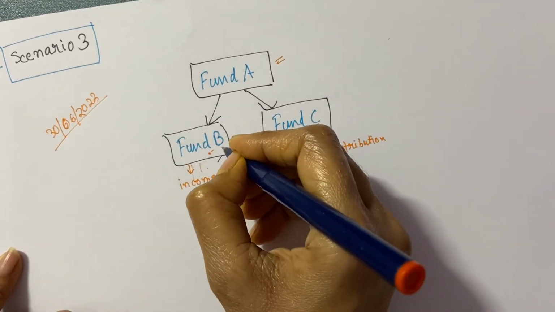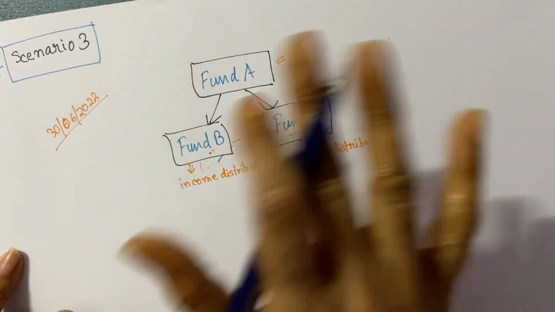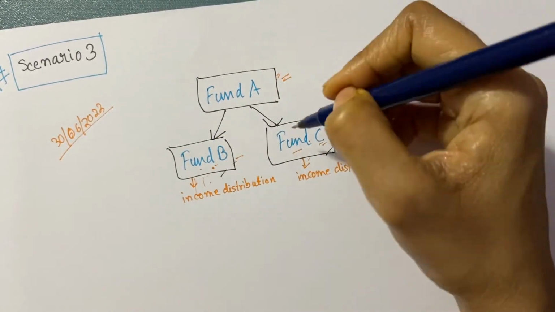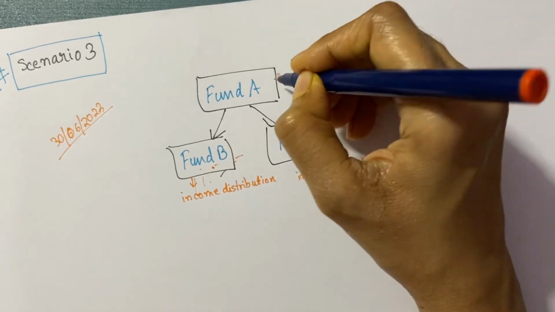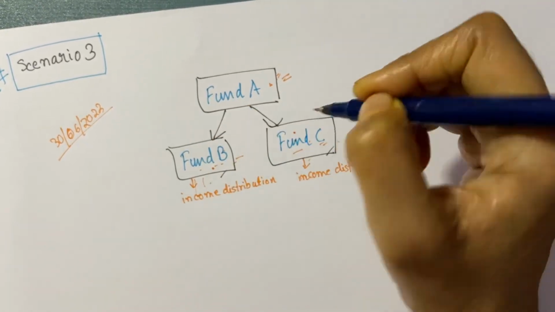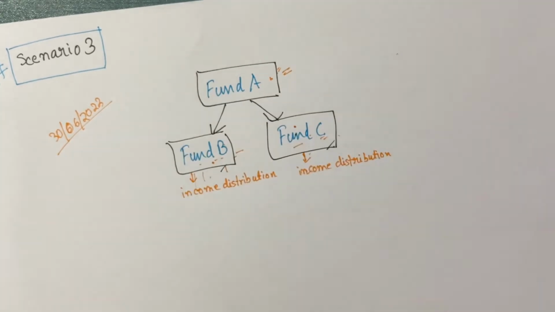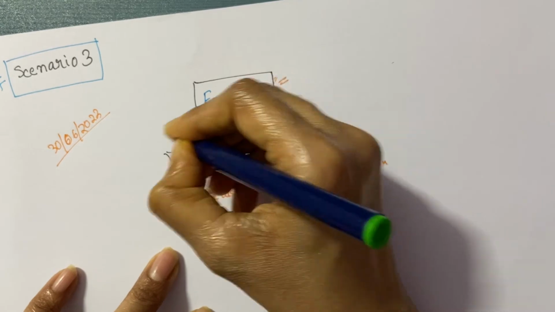Whenever there is a distribution in the underlying fund, from the B and C perspective, we are done. Now think from A. For A, these are nothing but securities, as I am telling you again and again. Even if this is a fund, from fund A's perspective, these two are nothing but securities. So when these funds are distributing income, from fund A's perspective, this is nothing but dividend coming into the fund.